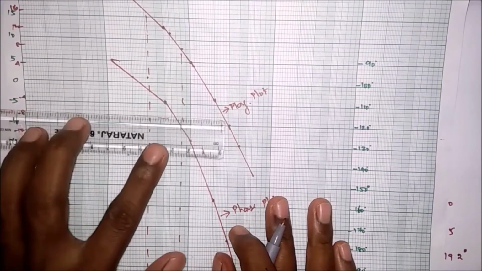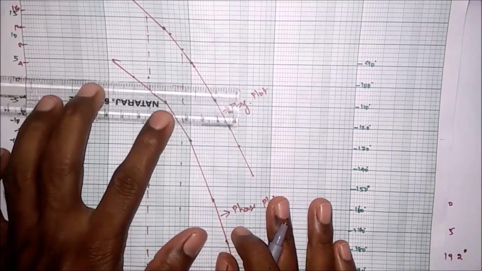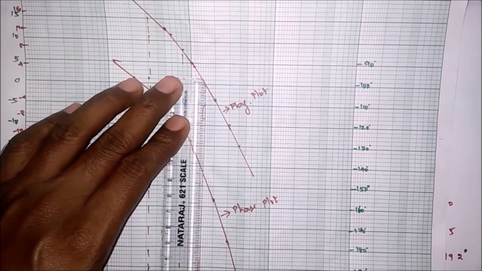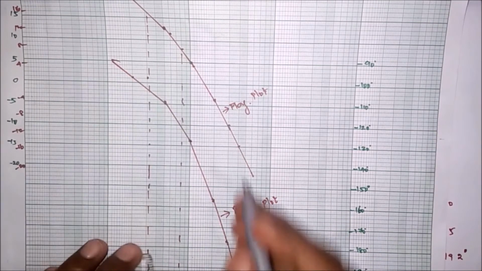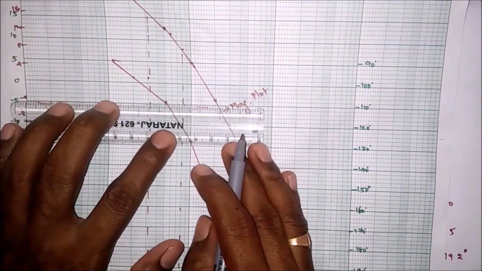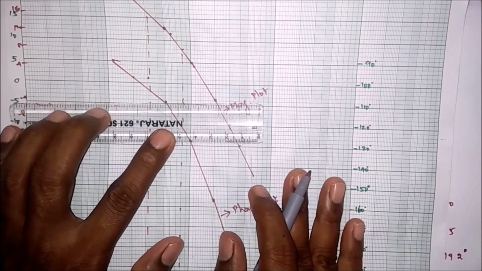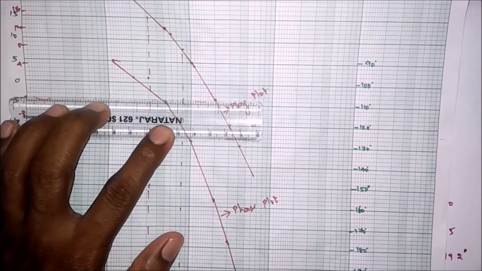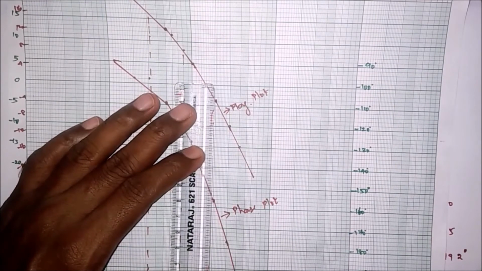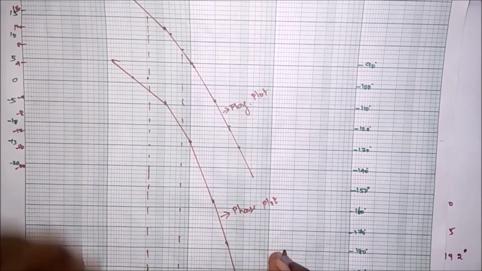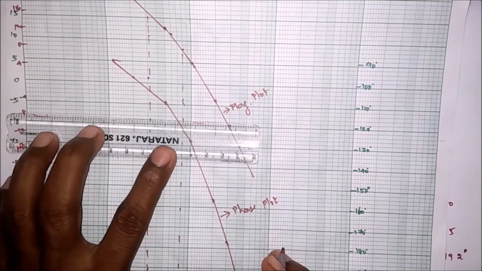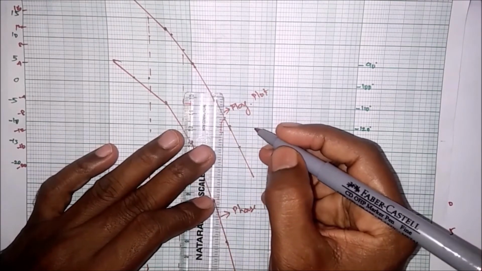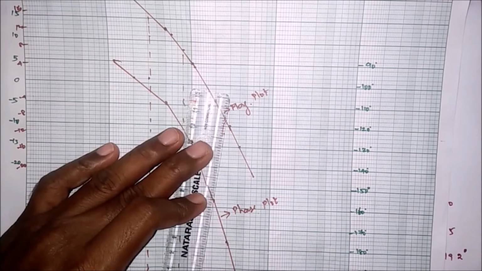Next for 0, omega equal to 1.5. Next for minus 4, from the magnitude plot, the corresponding omega equal to 2. Then for minus 8, the corresponding omega equal to 2.6.